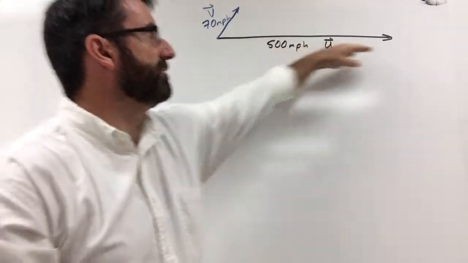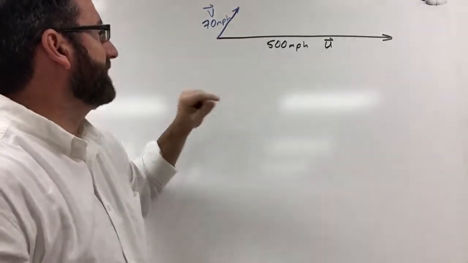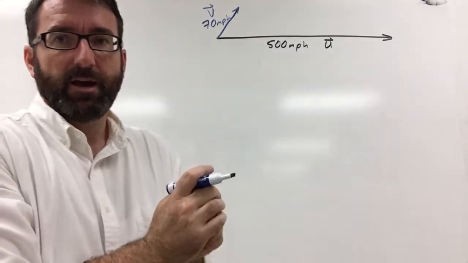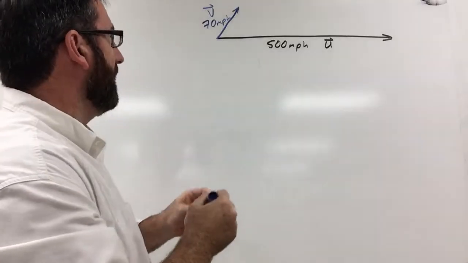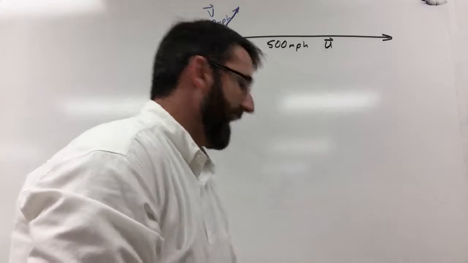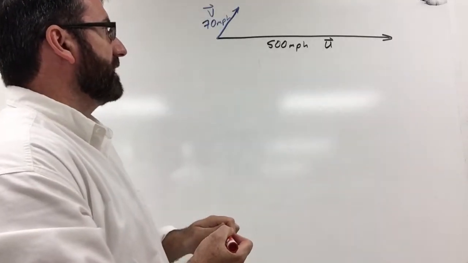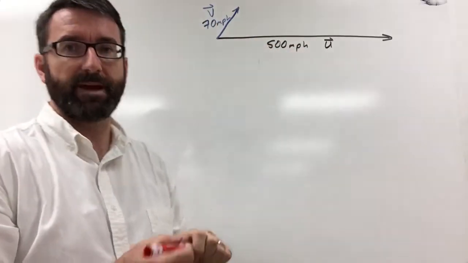So we've got vector u representing the velocity of the plane and vector v representing the velocity of the wind. Now to figure out where this plane is actually going and how fast, we're going to add these two vectors together.